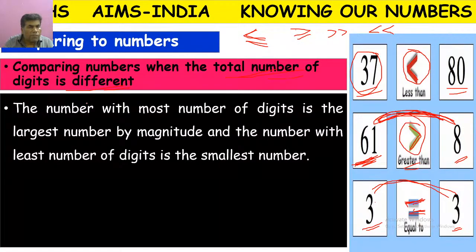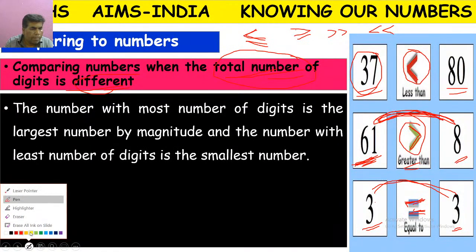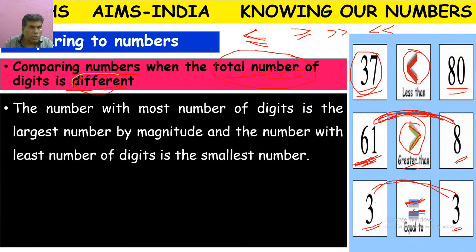So if the total number of digits is different, then what is the largest number?